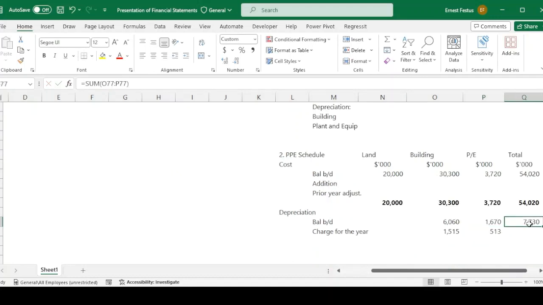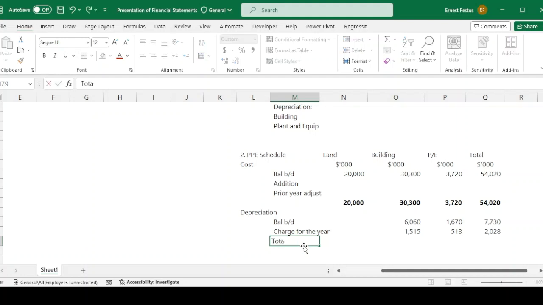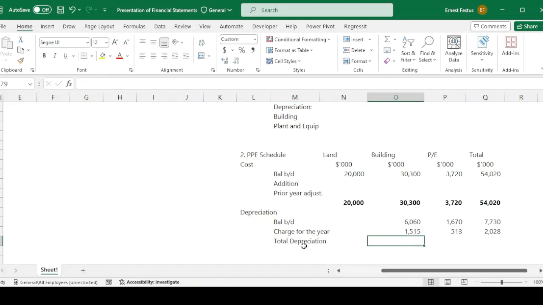All right, so I can copy my formula down, and that is our total. So we'll have our total depreciation, and that is going to be equal to the sum of these two.